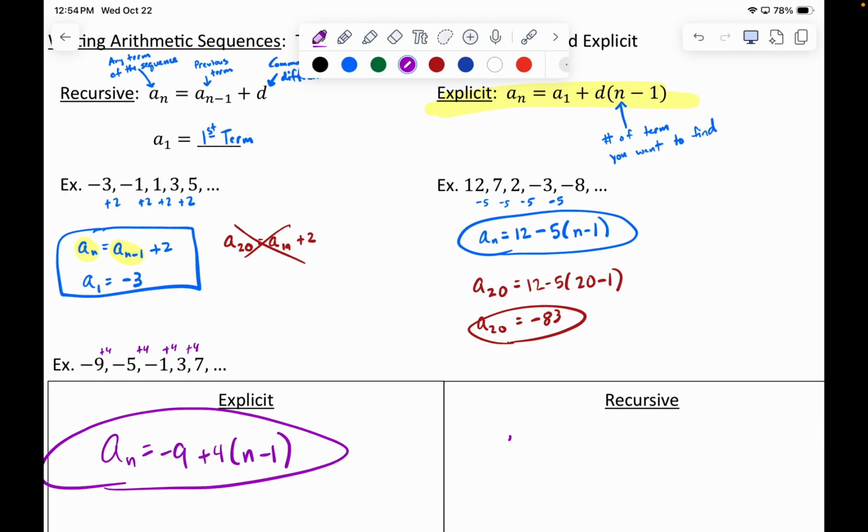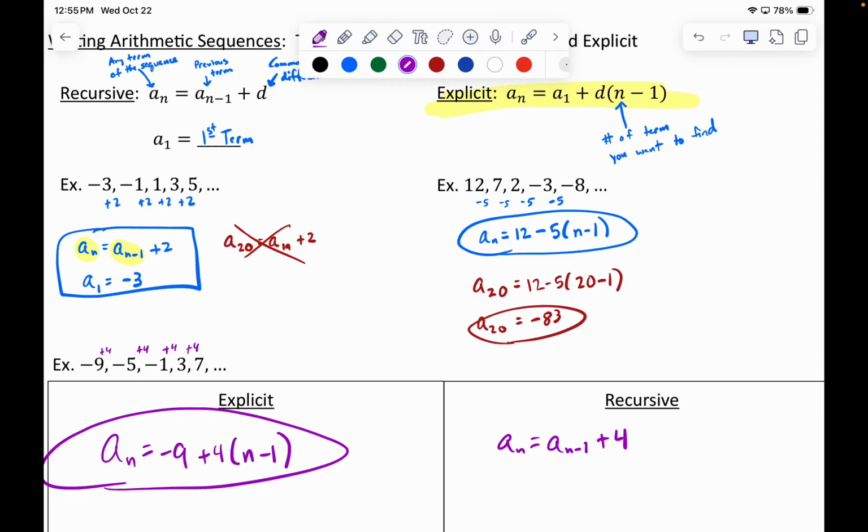Okay, and now for the recursive rule, remember this is the weird looking one. It'll be a of n equals a of n minus 1. Remember, that's exactly how those always look. Any term of the sequence is equal to the previous term, then what do I need to put? Plus 4, right. That's the common difference. If the common difference was minus 7, then I would have put minus 7 instead. What's the other thing I need to write here yet, though?